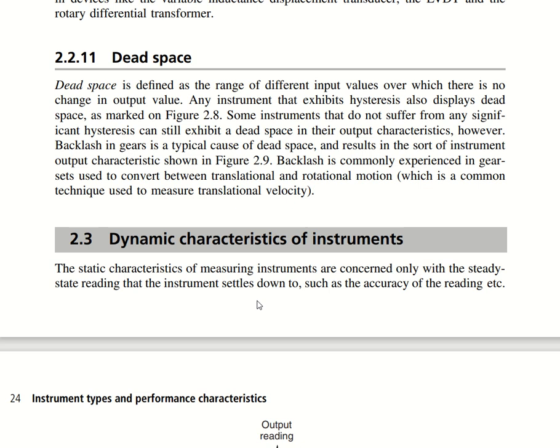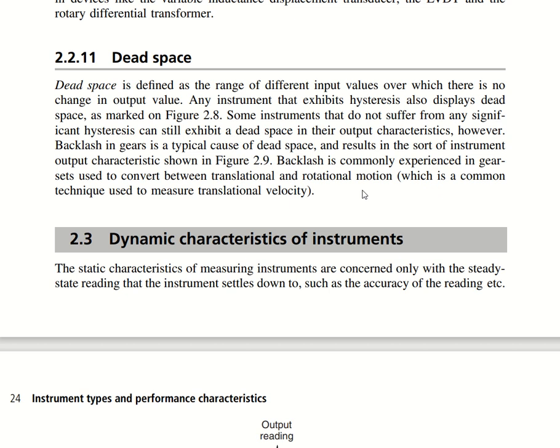Then there is something called dead space, the final characteristic we are going to discuss today. Dead space is defined as the range of different input values over which there is no change in output value. Any instrument that exhibits hysteresis also displays dead space. Some instruments that do not suffer from any significant hysteresis can still exhibit some dead space in their output characteristics.